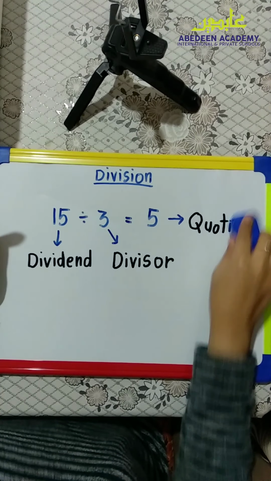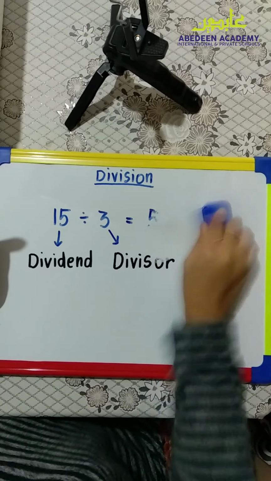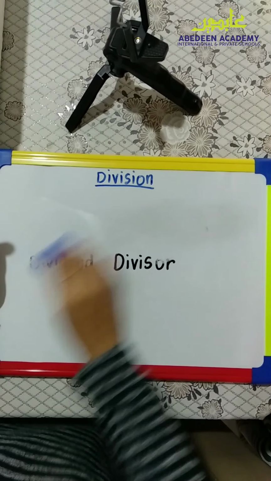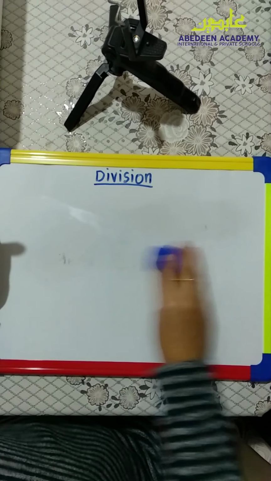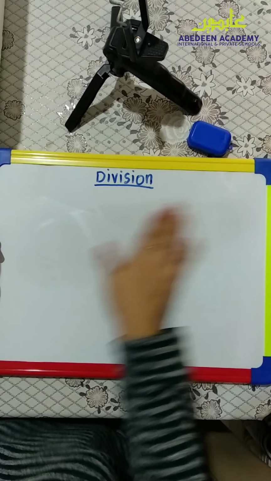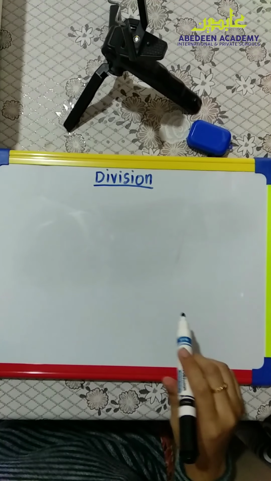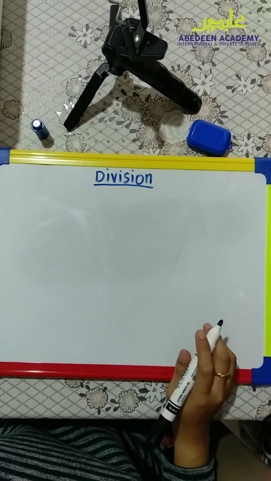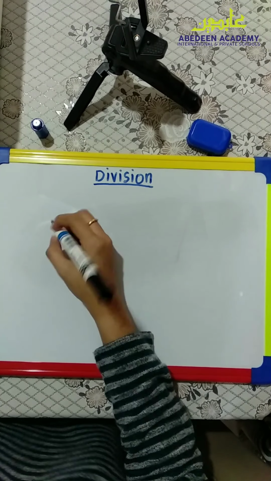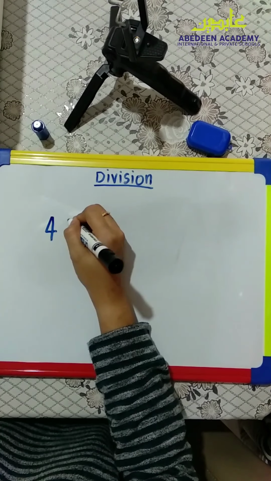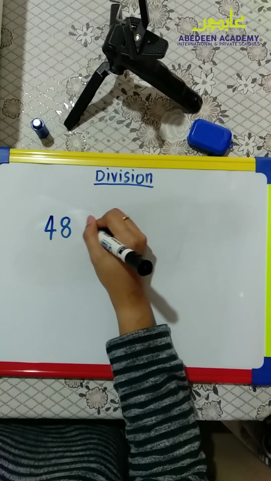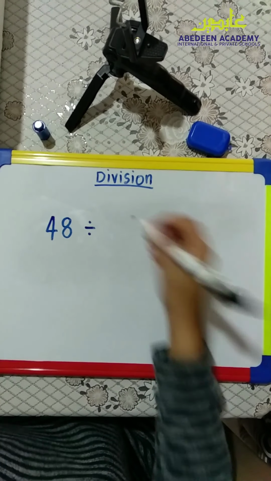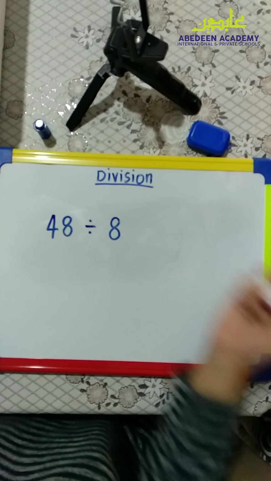So now let's do some exercise on division. For example, we will choose 48 as our dividend, divided by 8.